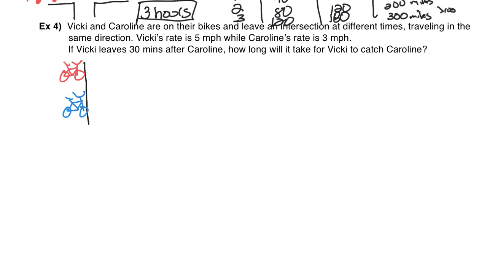This is at time 0. Now we know that Vicky is going to ride at 5 miles per hour and Caroline is going to ride at 3 miles per hour.